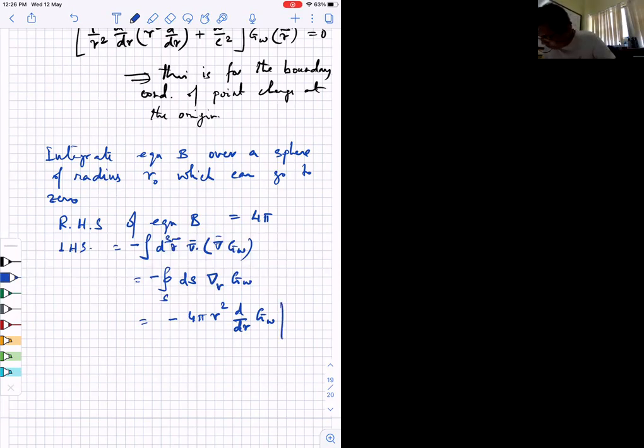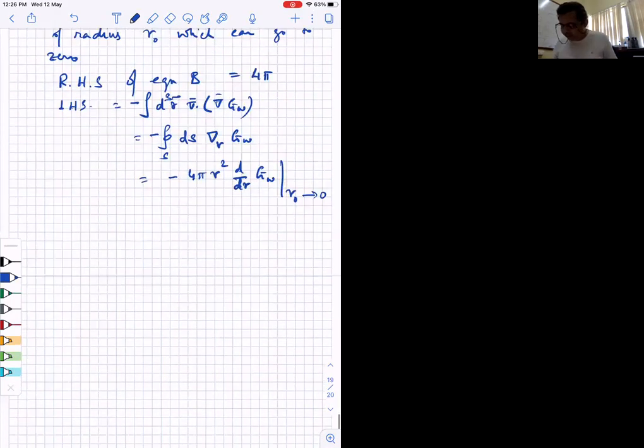So the 4 pi and 4 pi cancel because both the right hand side and left hand side have 4 pi. And what we get is this relation minus r squared d/dr of.